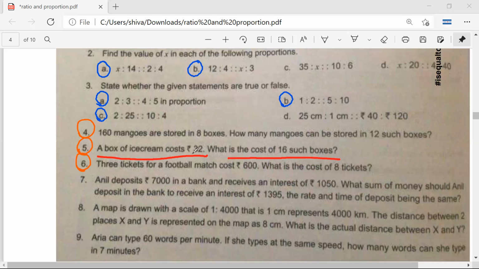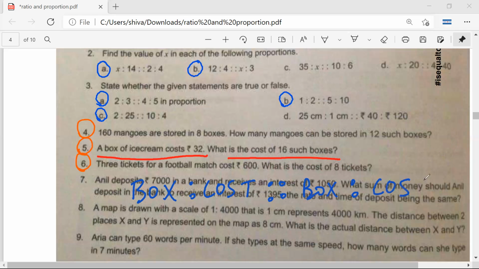So, Mr. Satya, in this case, a box of ice cream costs rupees 32. You have a box and the cost is given, and then you want to find the cost of 16 such boxes. So basically, Satya, if you are understanding the logic, I can write this as box is to cost should be in proportion to box is to cost.